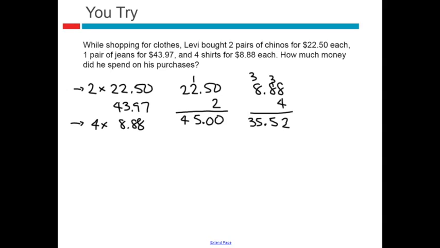We need to add the $43.95 to that. So we have $22.50 plus $35.52 plus the $43.97.